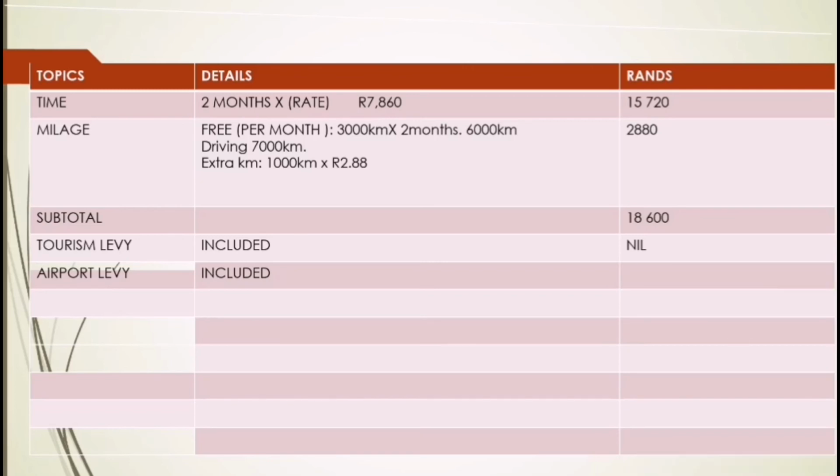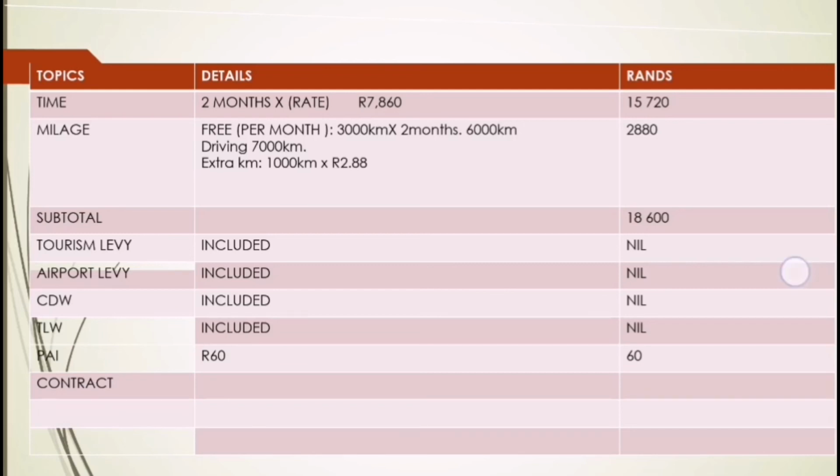Airport levies, which are usually included, you also write nil. Collision damage waiver is nil. Theft loss waiver is also nil. Personal accidental insurance is charged at 60 Rand, as we saw in the handout. So you write your 60 rand that is charged.